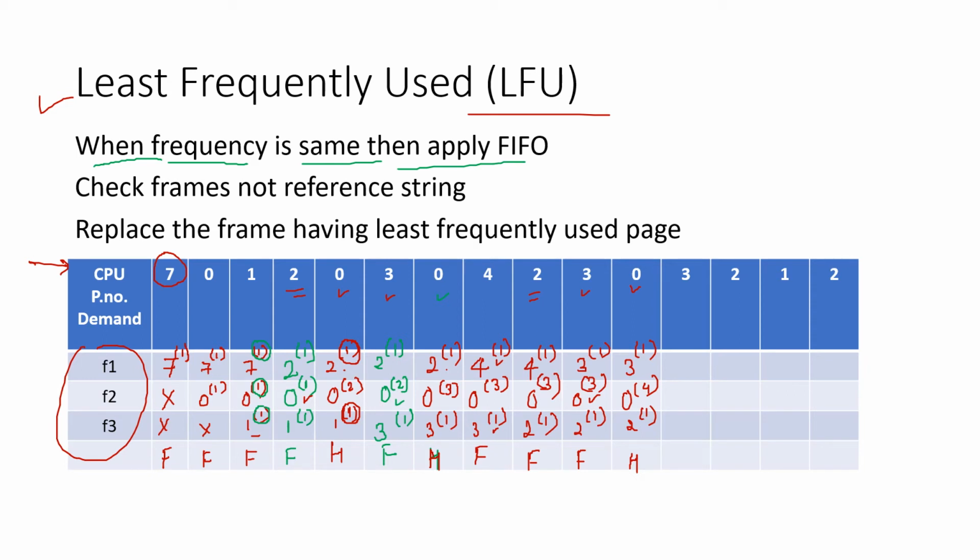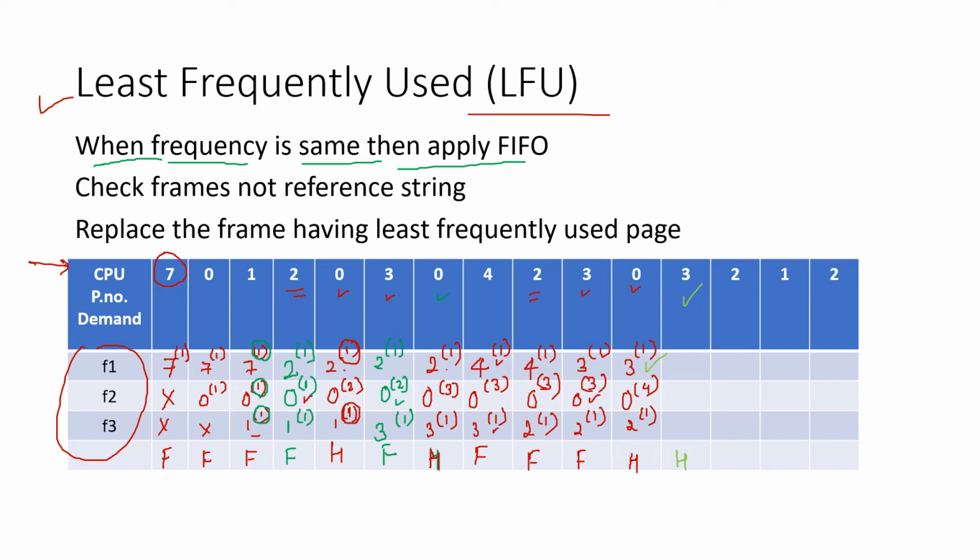Now next is 3. Which one will you replace? Either 3 or 2, but who has entered first? 2 has entered first. Sorry, I am very sorry. No need, because 3 is already present here. It's a hit, so you don't have to replace.